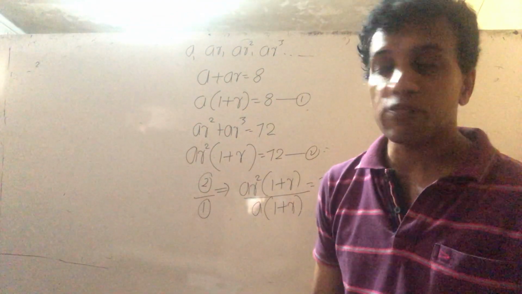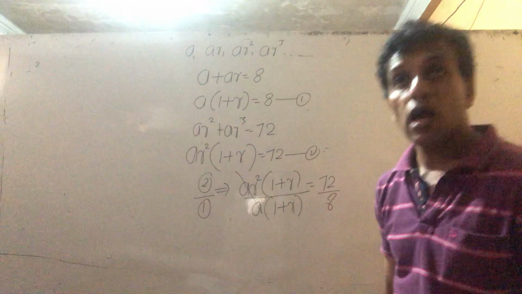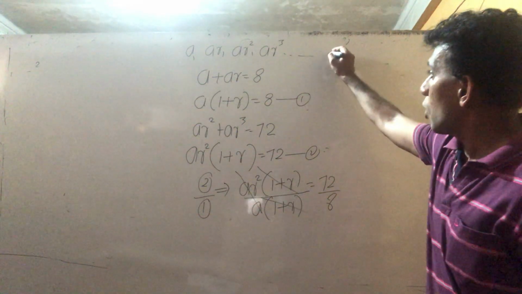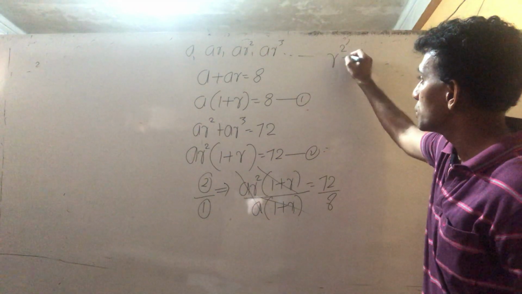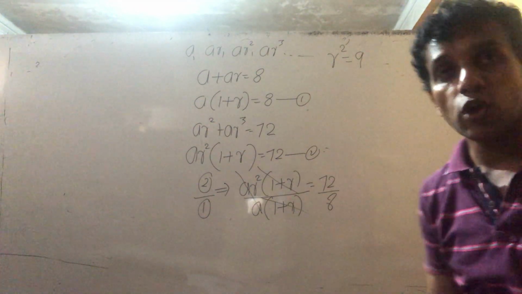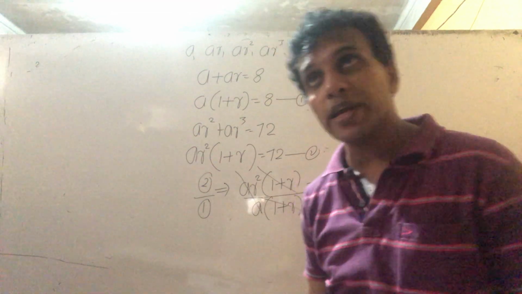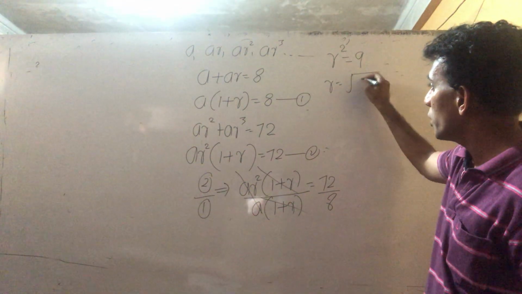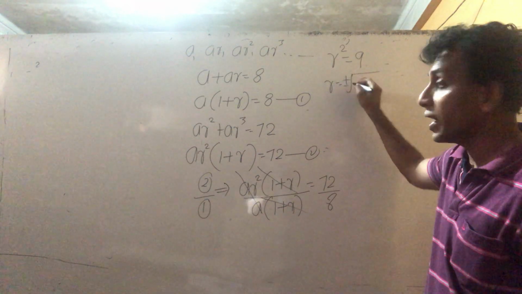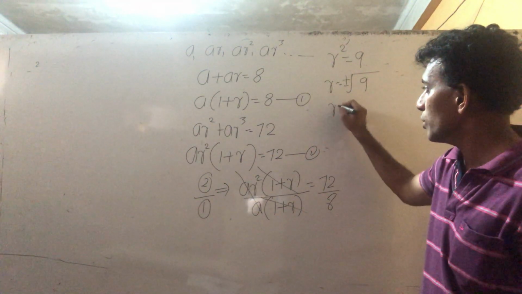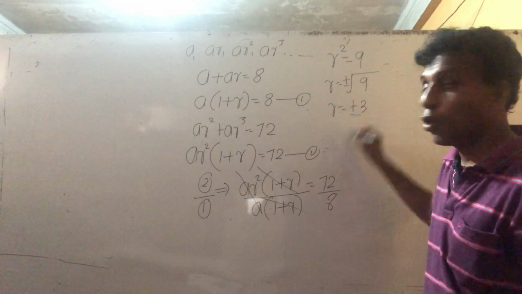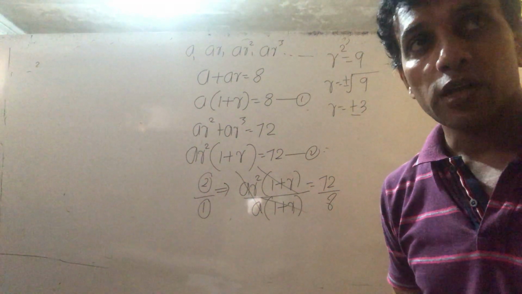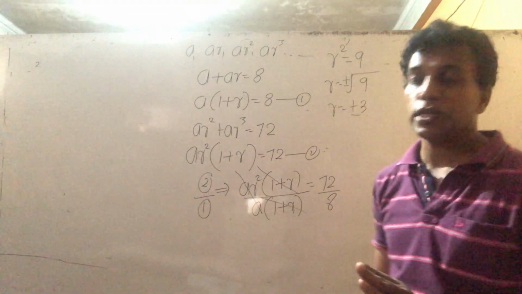The main purpose of dividing: see, a cancels, and additionally 1 plus r also cancels. So r squared becomes 9. R squared is 9, r equals plus or minus square root of 9. So r equals plus 3 or minus 3. Two common ratios available. Therefore, 2 GPs available here.